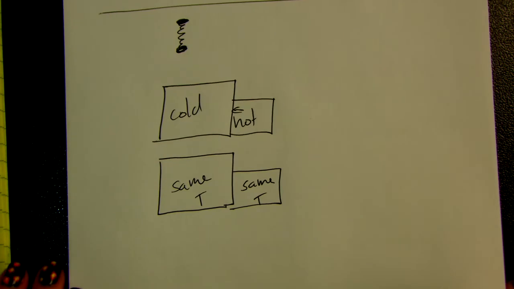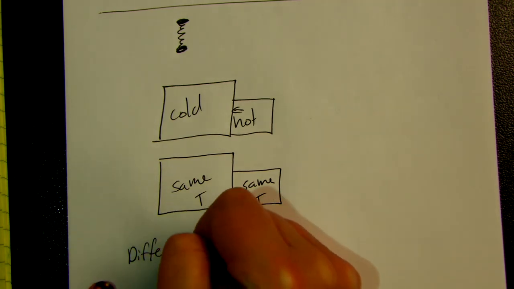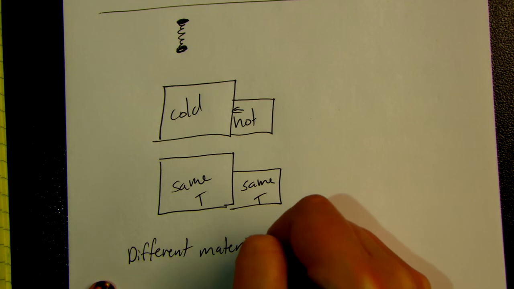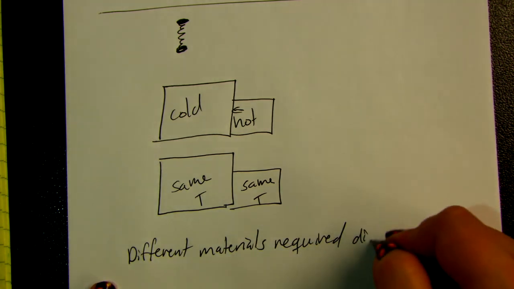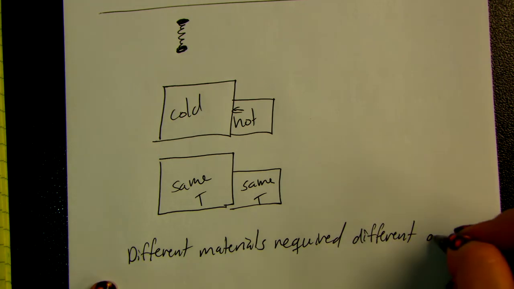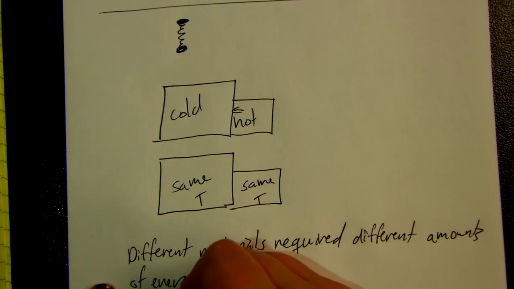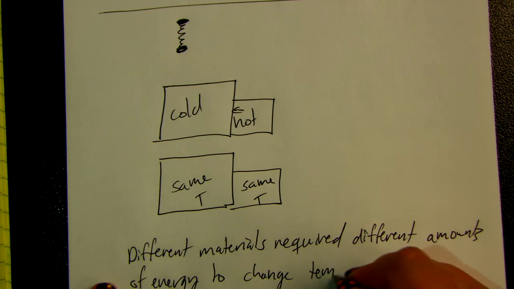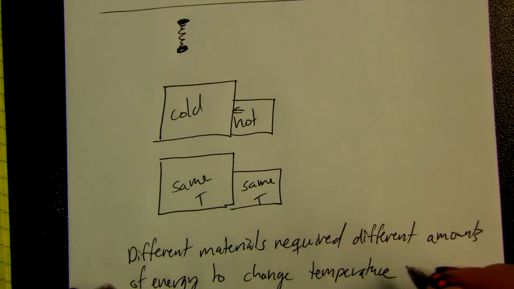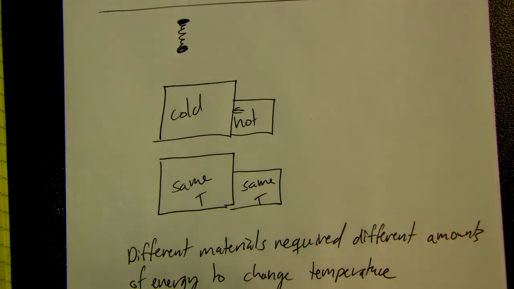Now, how much energy is required to change the temperature varies by the material. Different materials require different amounts of energy to change temperature. This is called heat capacity.